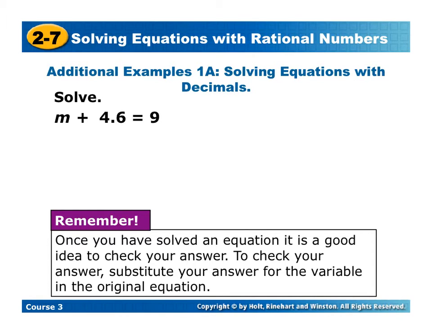Well, if we think about what we were doing before, I take my variable and I ask myself what's being done to it. In this case, I'm adding 4 6/10. So I'm going to go ahead and subtract 4 6/10 from both sides, and that's the subtraction property.